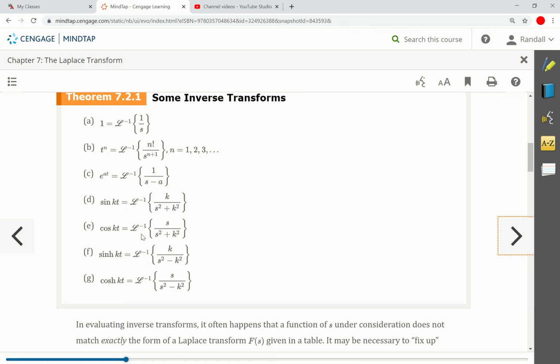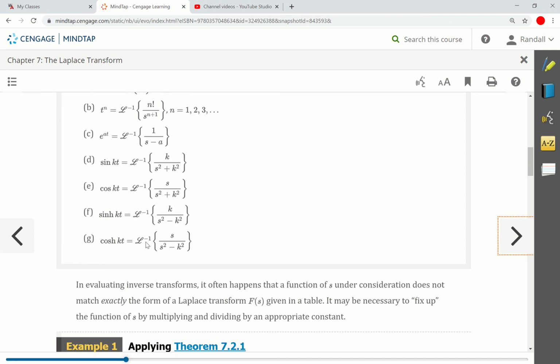The inverse Laplace transform of s divided by s squared plus k squared is the cosine of kt. The inverse Laplace transform of k divided by s squared minus k squared is the hyperbolic sine of kt, and the inverse Laplace transform of s divided by s squared minus k squared is the hyperbolic cosine, cosh kt.